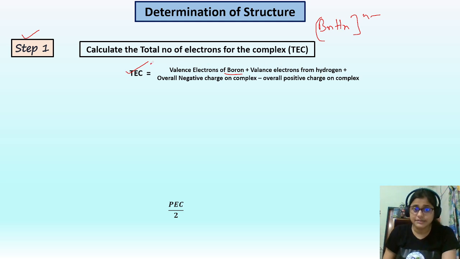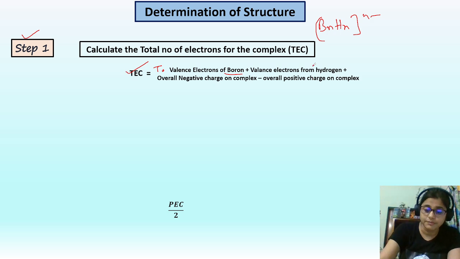Obviously number of electrons from hydrogen is 1, and we have to multiply with hydrogen number, plus if negative charge is given, that will be added, and minus overall positive charge on the complex. Okay, this is simply now the formula.